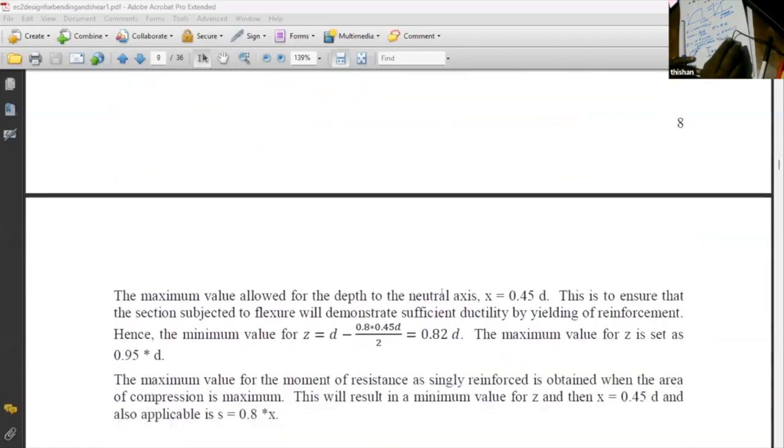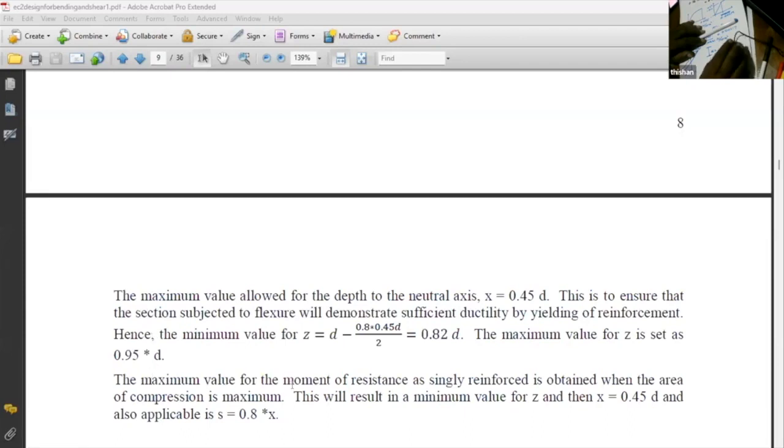It's here. Yes. The maximum value allowed for the depth of neutral axis is x equal to 0.45d. This will ensure that the section subjected to flexure will demonstrate sufficient ductility by yielding of reinforcement. Hence, the minimum value for Z is 0.82d. The maximum value for Z is set as 0.95d.